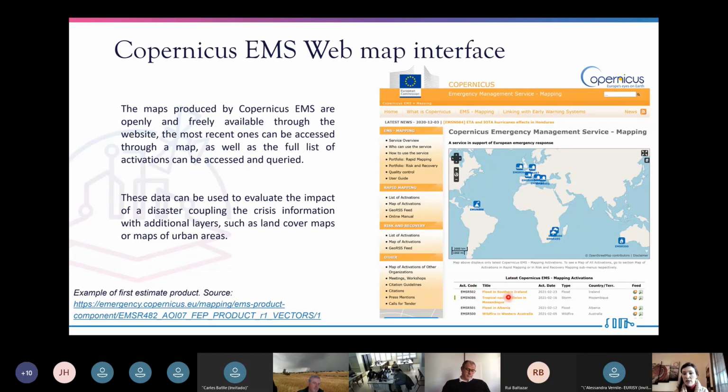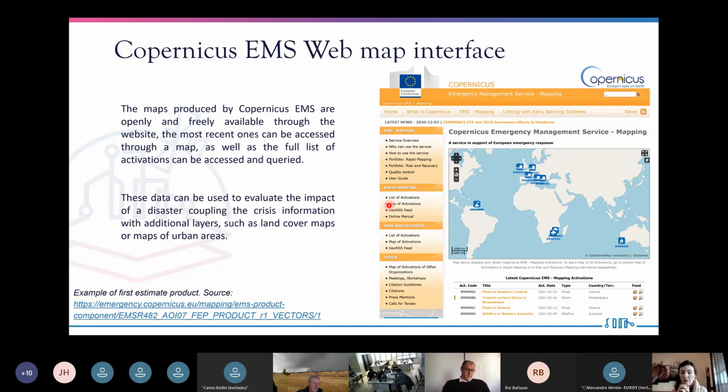Here you see also the list of the latest Copernicus EMS activations, but you can access from the list of activations also all past activations, which can be queried in order to find the products that you may be interested in. All maps are downloadable for free.